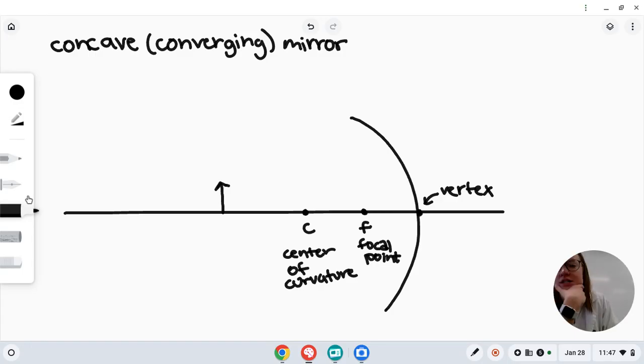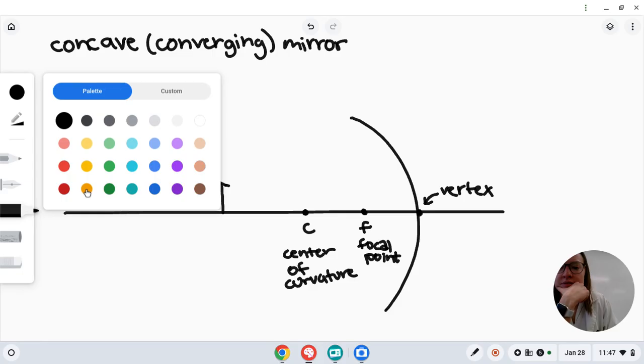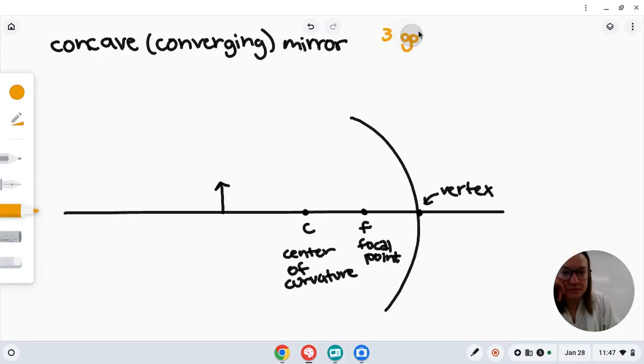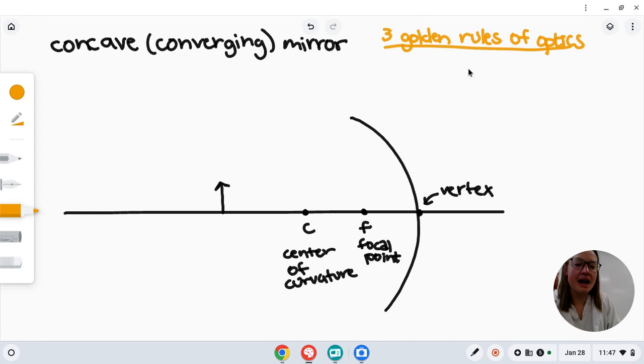And the shortcut is all you have to do is follow the 3 golden rules of optics. If you follow these 3 golden rules of optics, you will always be able to draw all of the little light rays, and you will always draw them according to the angle of reflection without using your protractor at all.